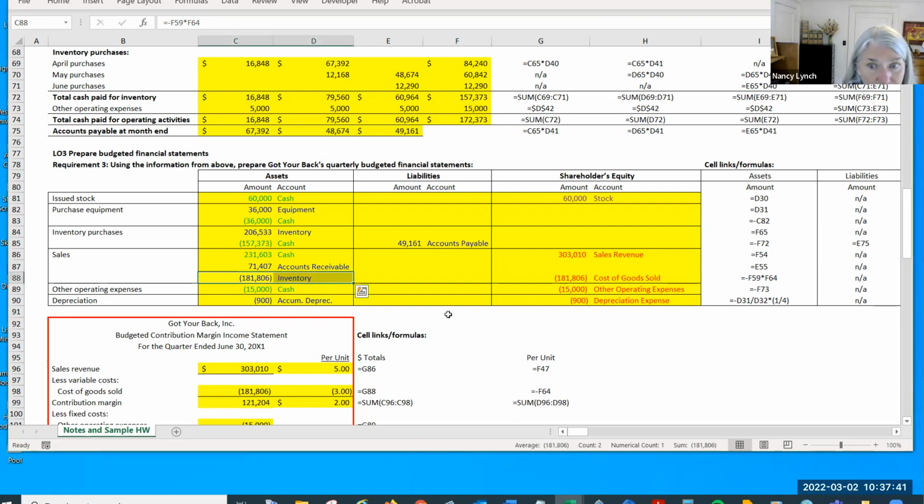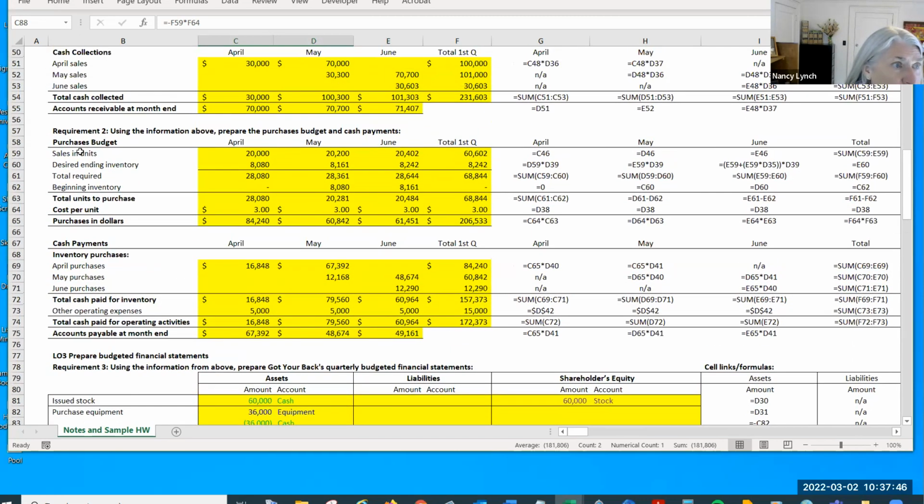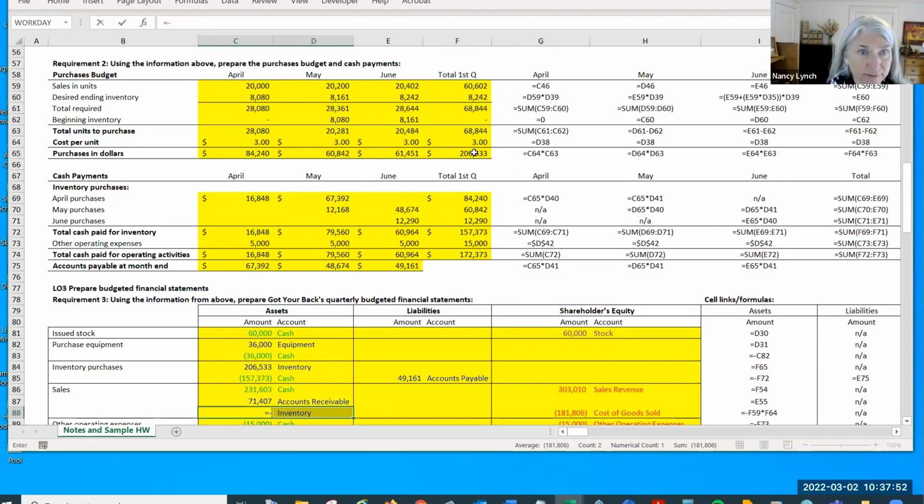Well, we have that up above, right here. Now I'm going to go equal minus that amount, because with cost of goods sold, my inventory is going down. What is the cost?